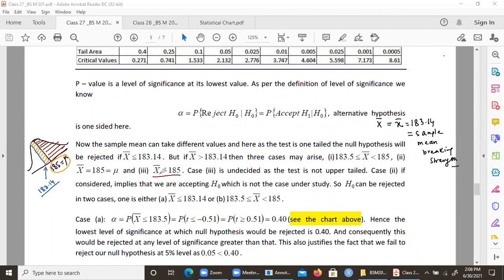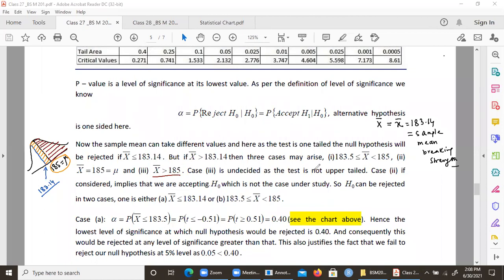Because after all, at the end of the day, you are estimating a population mean on the basis of the sample mean, X bar. So X bar exceeding 185 means your population mean is exceeding 185, because X bar is the unbiased estimator of the population mean. We cannot say anything about this particular case.